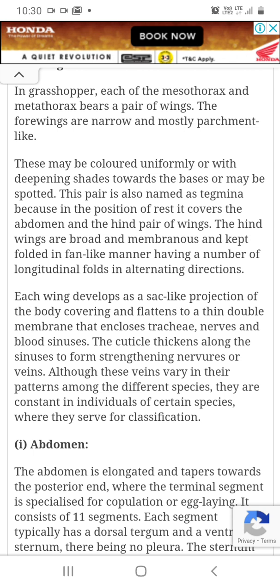The membranous wings have marking or vein-like structures, similar to the veins that are present in the leaf. These veins vary in pattern, but every species has distinct venation which serves to identify them.